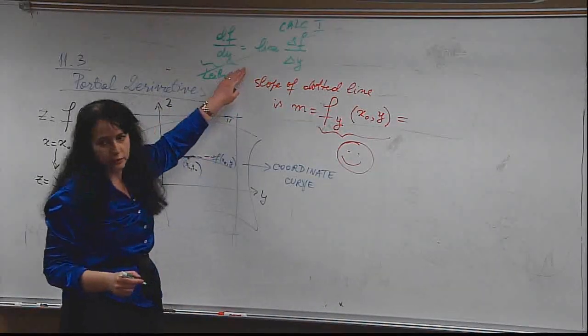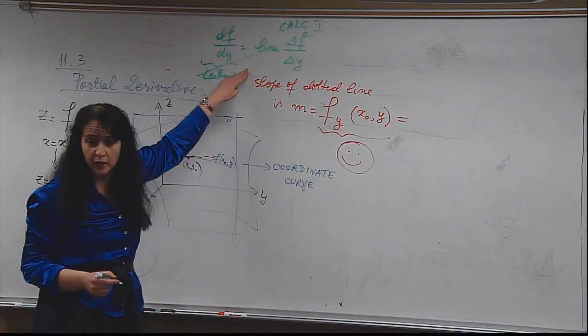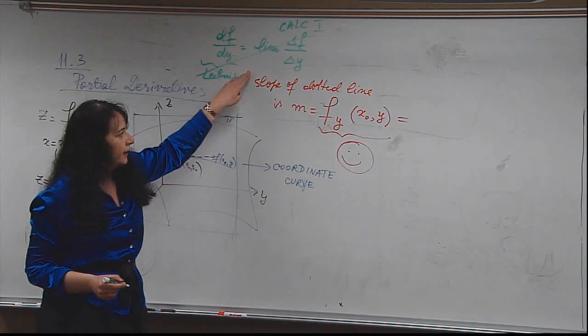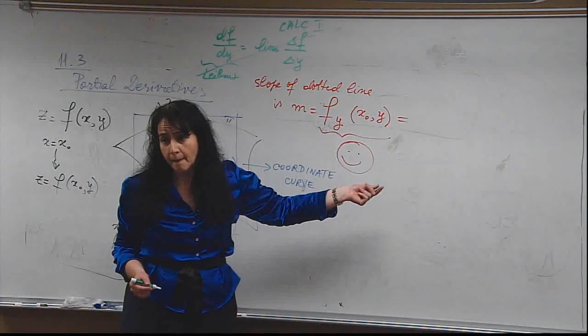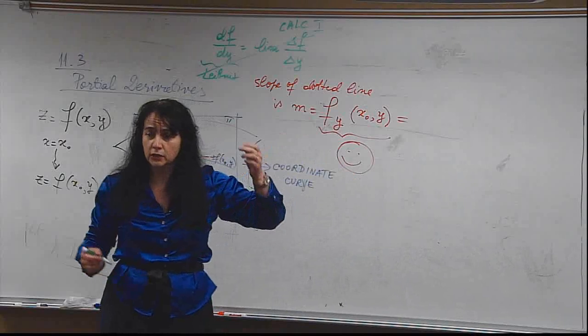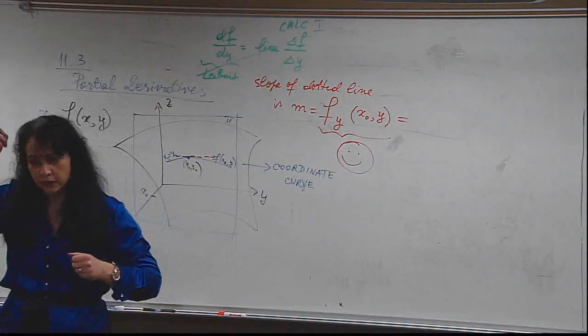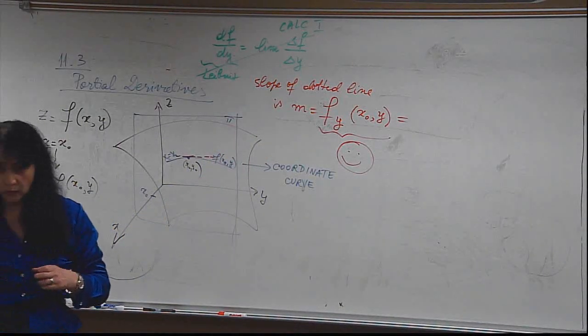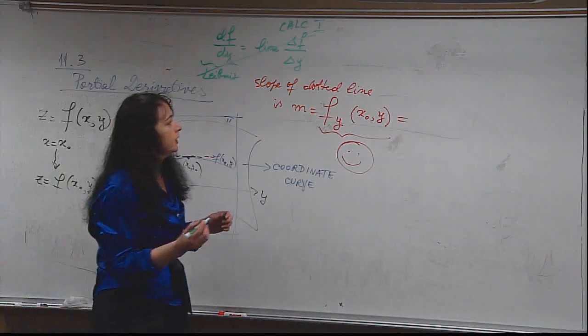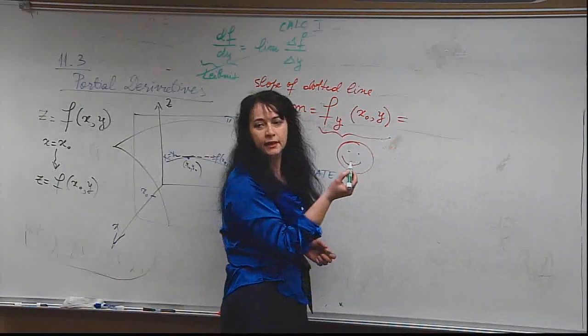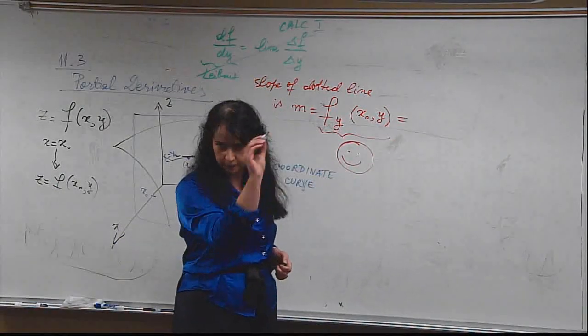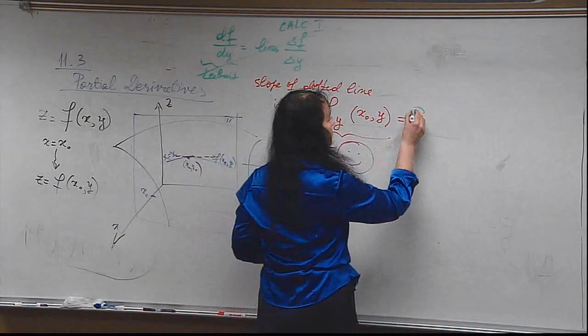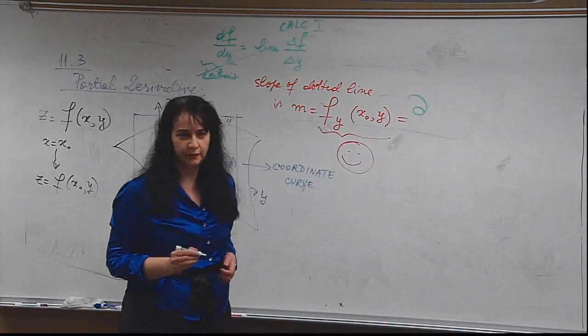Now, mathematicians, to imitate the Leibniz notation, said, I cannot use df dy. So what shall I use? After they thought for about a year, and I was reading through the history of how they invented this, they said, let's take the Greek d, which is the del, that's partial.